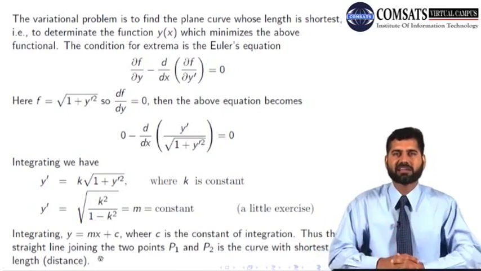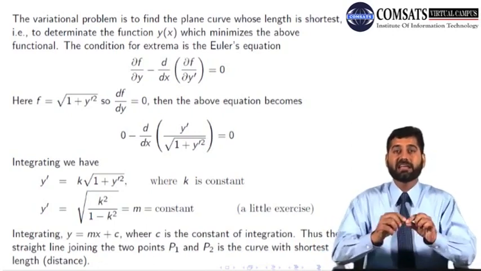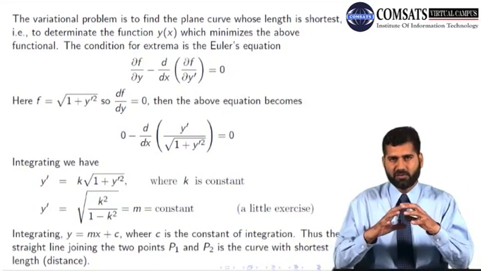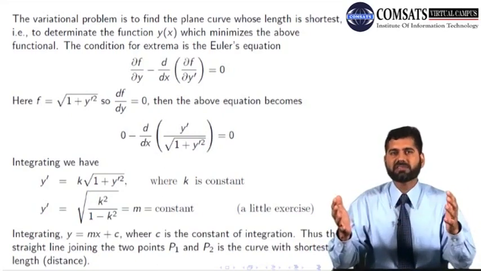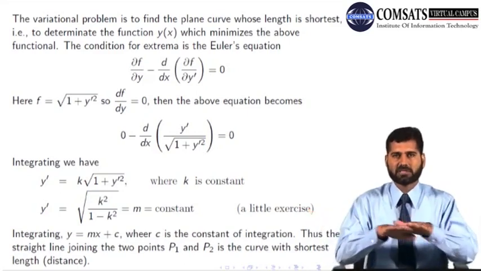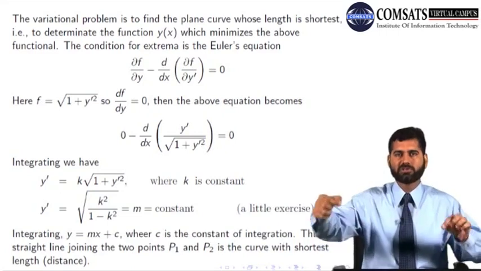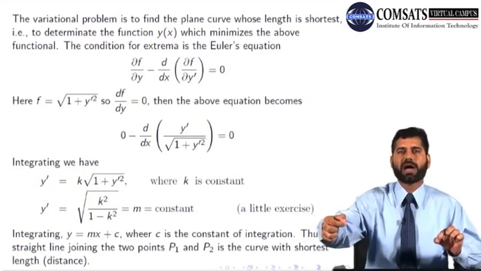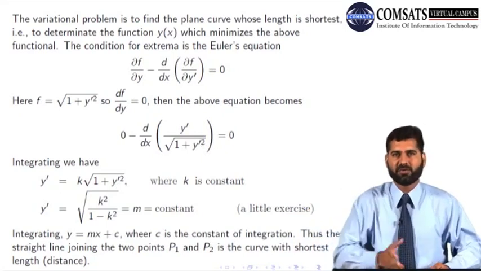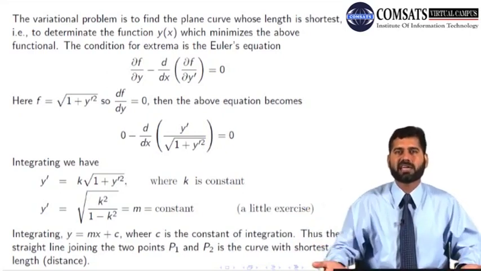And we should expect that at the beginning, in the plane, not in any other surface. If you are dealing with some other surface, a straight line may not give you the shortest distance. But here the problem was a plane. On a plane, a curve joining the 2 points has to be a straight line to give you the shortest distance. If you are going like this, you will never get the shortest distance.